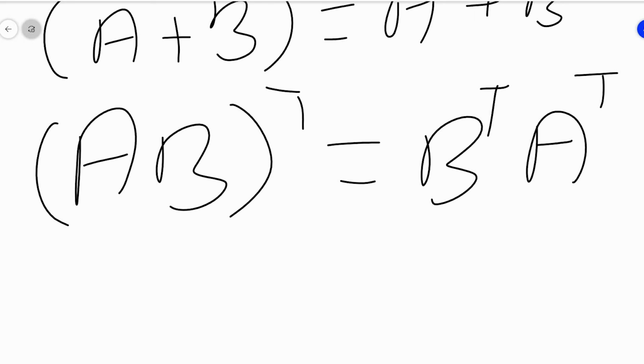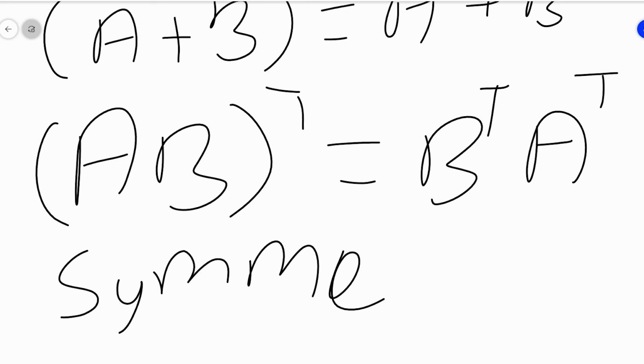Having said that, let's move on to symmetry of matrices. When do we say a matrix is symmetric? Let me write it out.